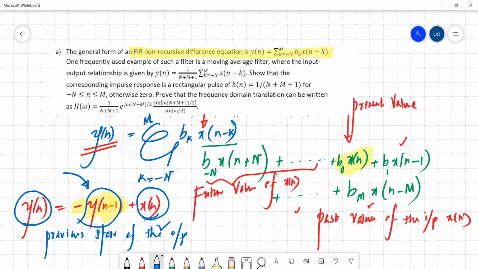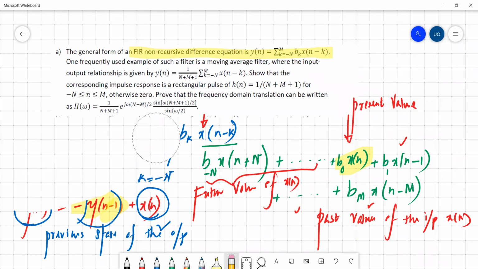So if you have delayed versions of your output, the difference equation itself becomes recursive. If your output simply depends on the present and past or future states of inputs only, it becomes non-recursive. So this is just theory.